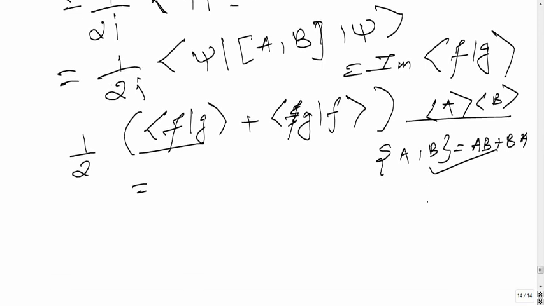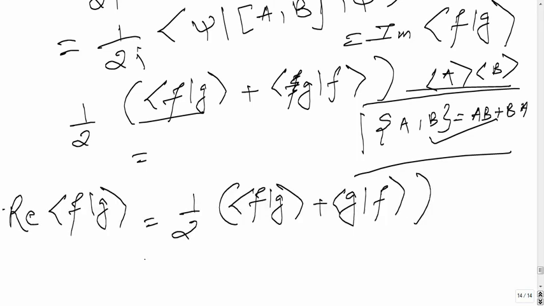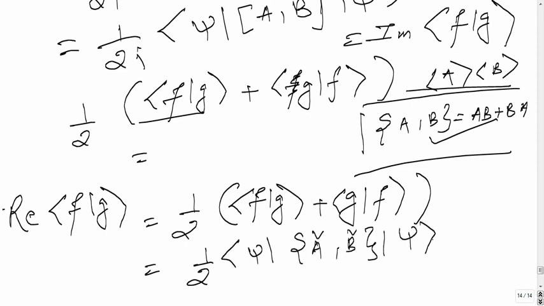Therefore we can write the real part of Fg as this, and we would write this as the anti-commutator between these two operators. If you compute this, you would get this.